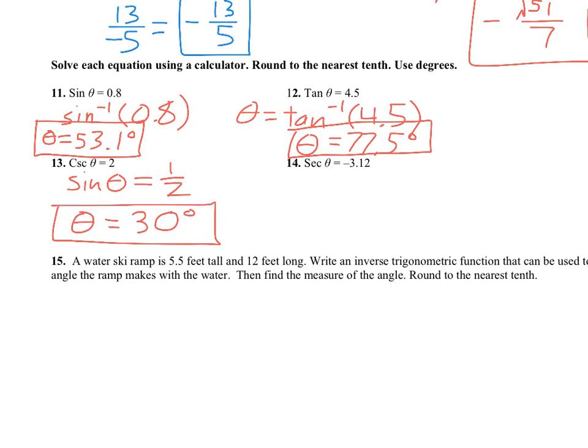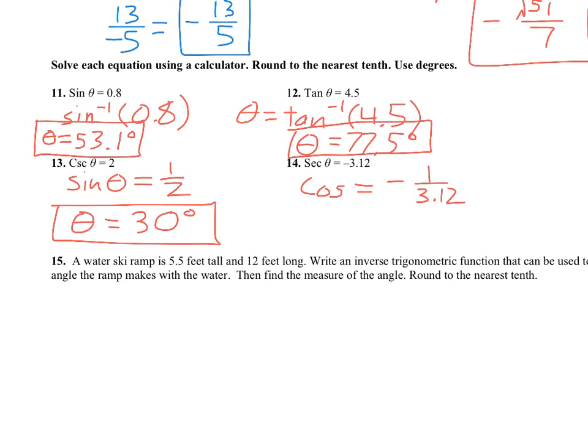Okay, and then secant is the reciprocal of cosine. So if secant theta equals negative 3.12, cosine equals the reciprocal of that, which I'm just going to call 1 over 3.12.